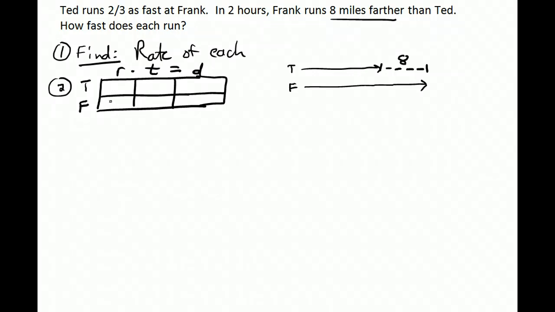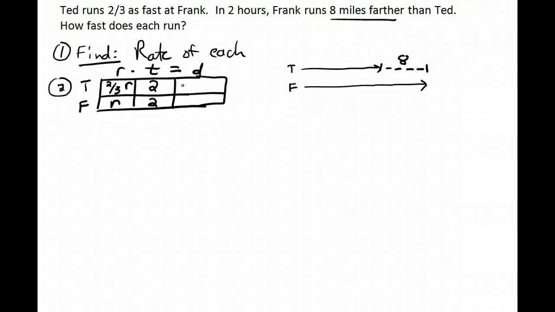I don't know how fast Frank runs, so I'm going to put an R there. I know that Ted runs 2/3 of R. Okay, now my time for both of these, they run 2 hours. They start at the same time, and after 2 hours, Frank is 8 miles ahead of Ted.